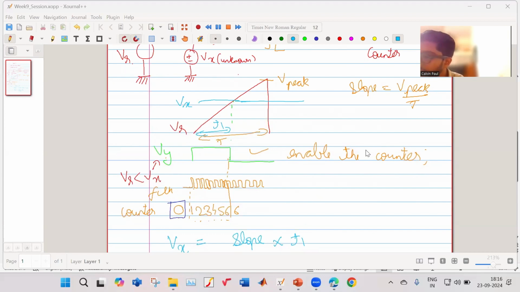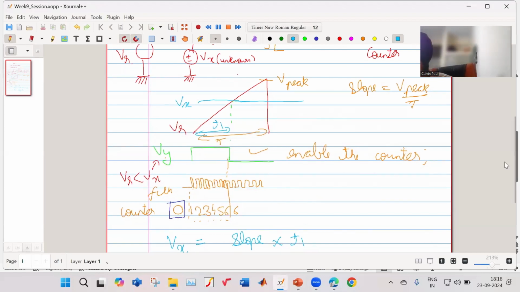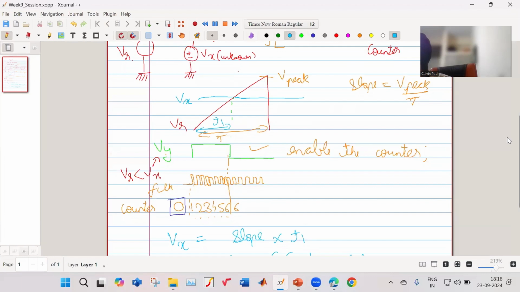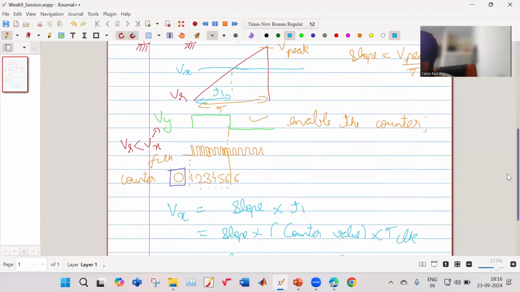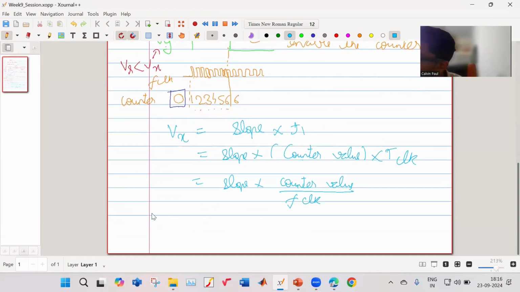Okay, so in this method, there are two problems which can happen. One is your slope. This slope can change, and the clock also can change. Both can vary.